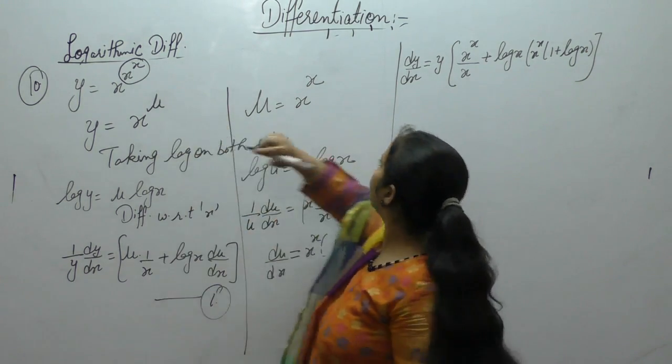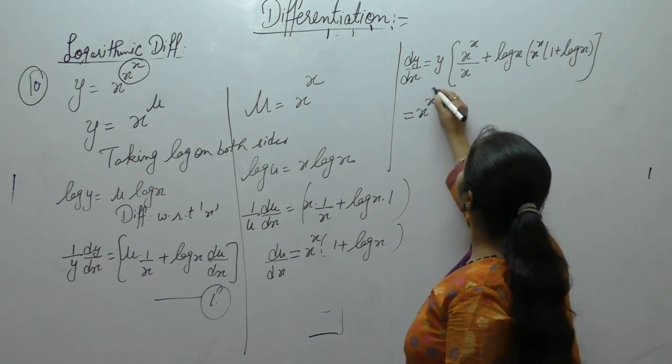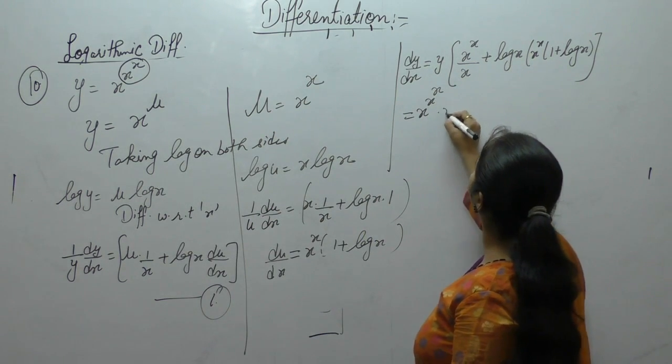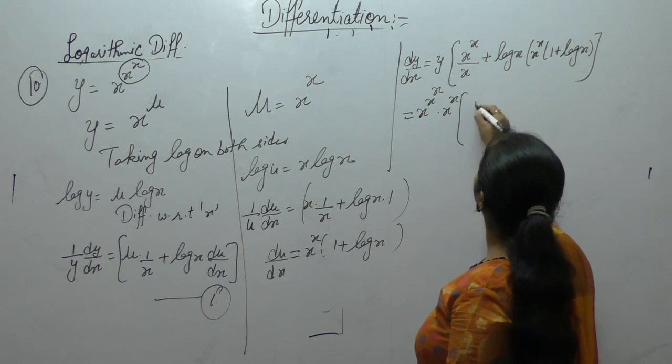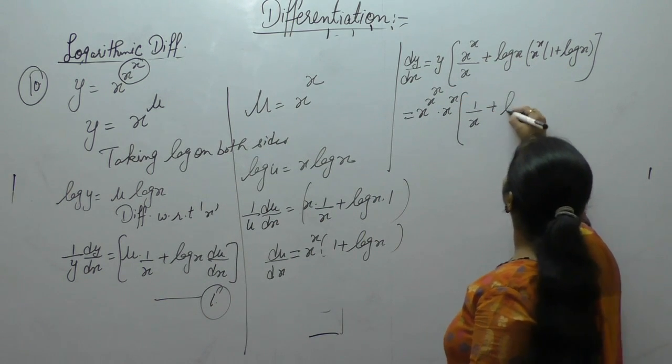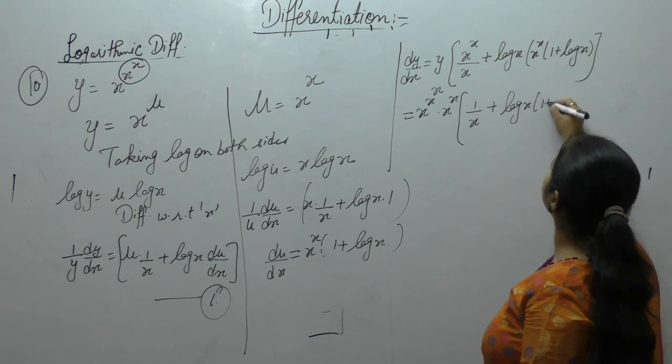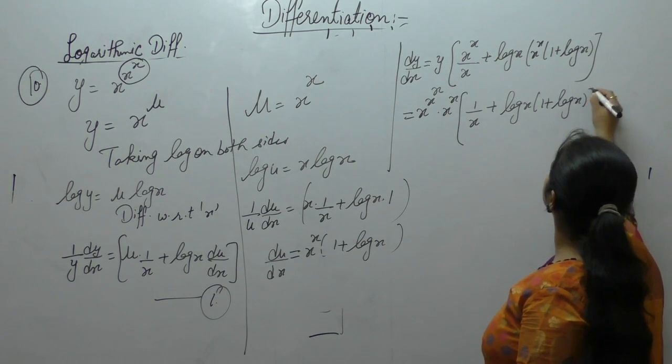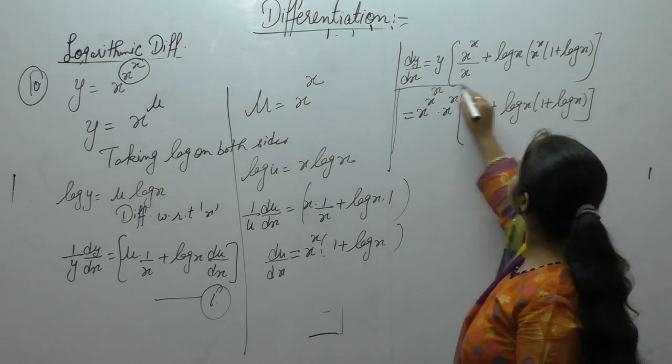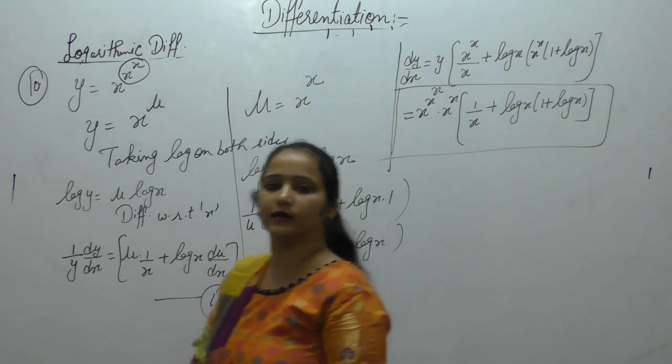Now what is the value of y? x power x power x. x power x common. So we are left with 1 upon x plus log of x into 1 plus log of x. So this is the value of dy upon dx.